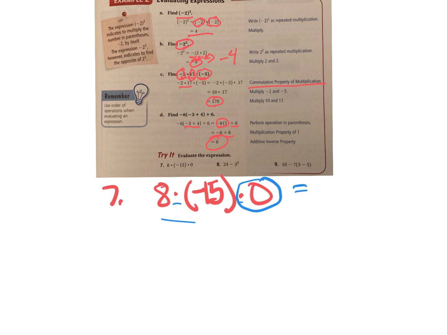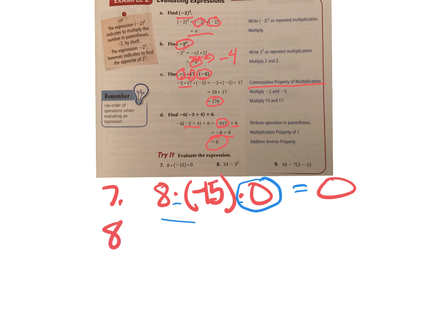Now, let's do 7. And I'm going to show you how I like to do these. This one, times 0. Because I see this right here, and it's all multiplication, so 0 times anything is always 0.